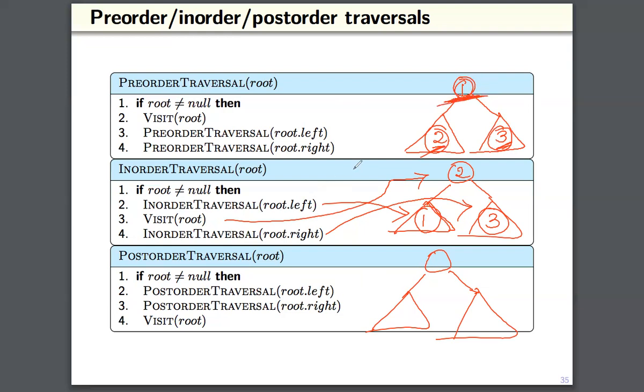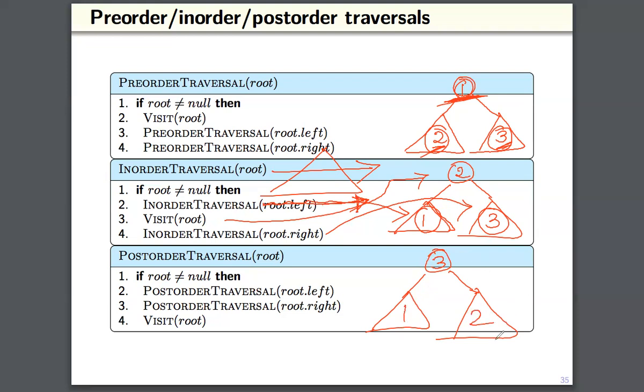In-order means visiting from the left of the tree to the right, following this order. But post-order means you visit the root last.